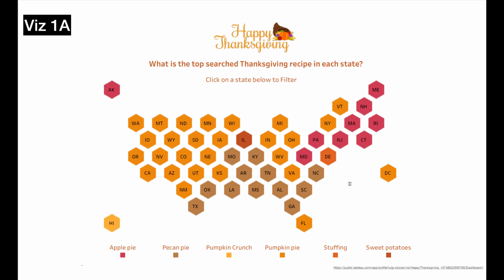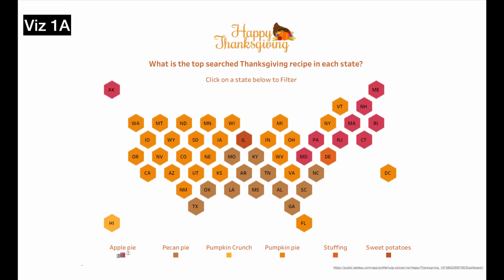And this sort of fanciful image is indicating what the most searched recipe is for Thanksgiving in each of these different states. The color scheme here is unwonderful, I would say, because it's relatively difficult to tell some of these colors apart from each other. But this is a kind of whimsical Thanksgiving thing.